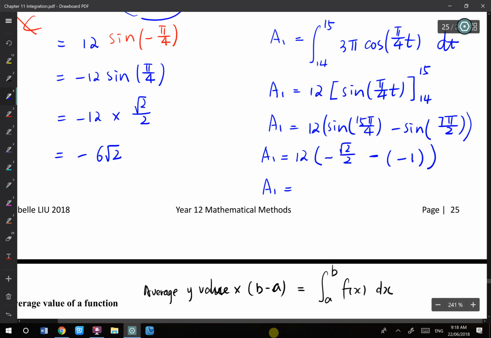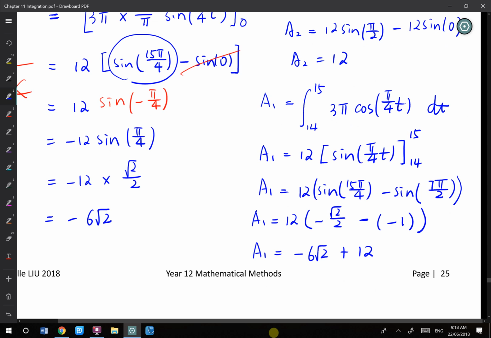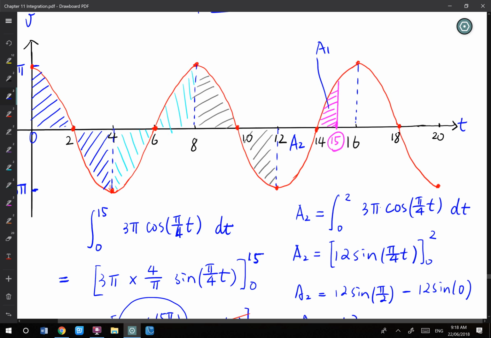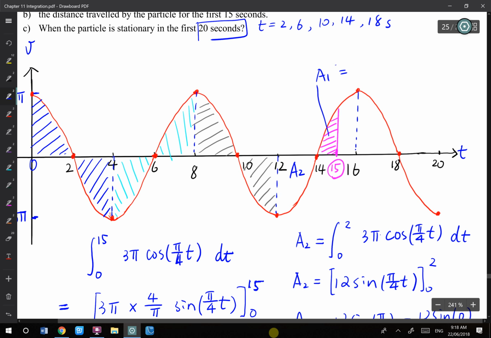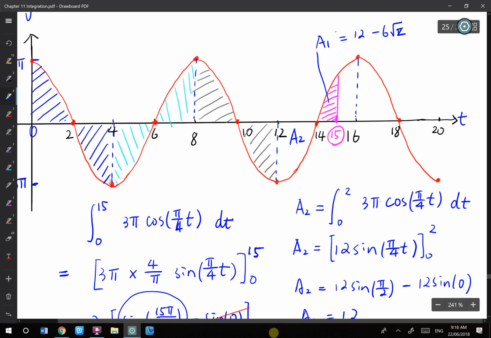So my A1 is minus 6 root 2 plus 12. So this area equals 12 minus 6 root 2, and this area A2 here gives you 12.